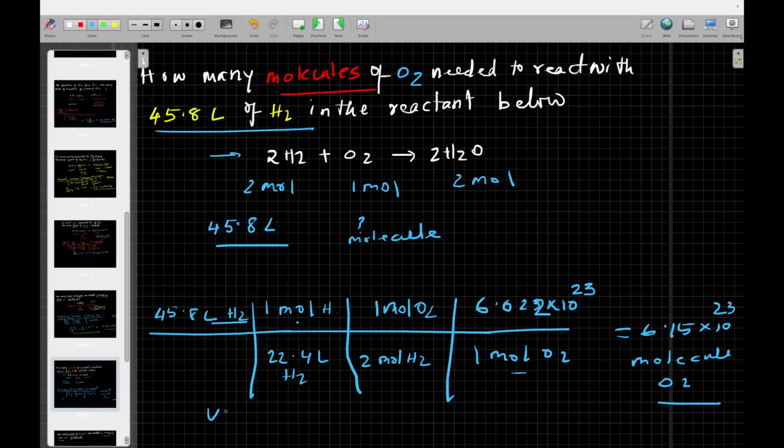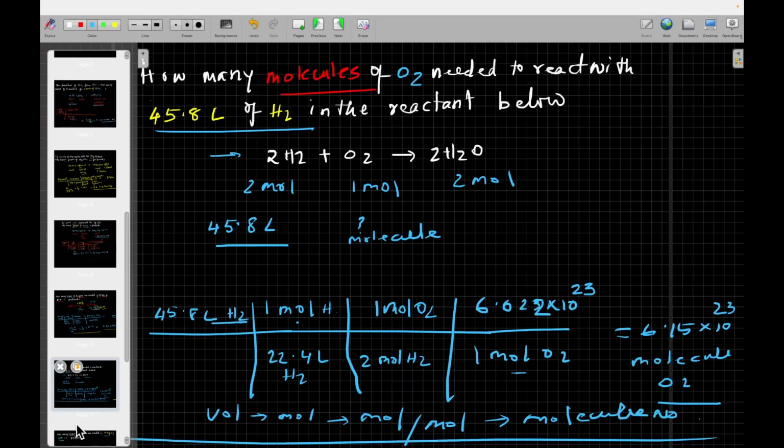So volume to mole, then from the equation mole to mole, and then molecule number. That's how we calculate any kind of stoichiometric problem in a single step using the bridge technique, and in most cases it is really easy.